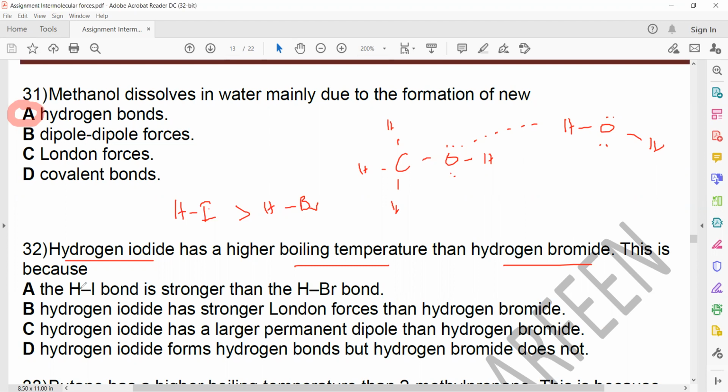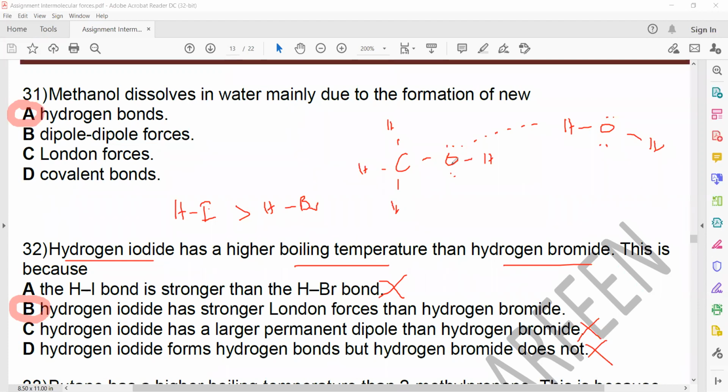When we compare the options, hydrogen iodide is stronger, the bond, it's not about intramolecular, so that's not it. Hydrogen iodide has stronger London forces, that's true, because it has more electrons. It does not have a large permanent dipole. Hydrogen bromide has a permanent dipole, but neither of them is able to form any hydrogen bond. So B will be the right answer for this.